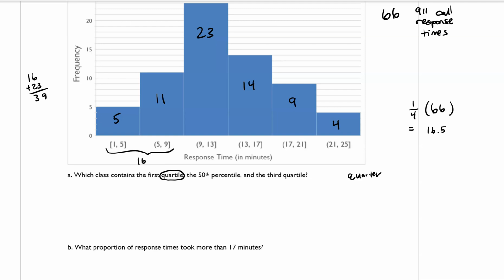So the first two bars, if we added them up, there are 16 people within those two categories. But we want to be at 16.5. So the first quartile is in this interval. So I'm going to say 9 to 13 contains the first quartile.